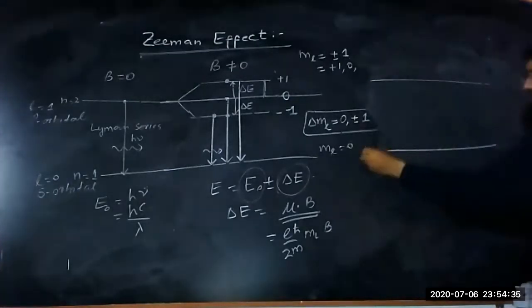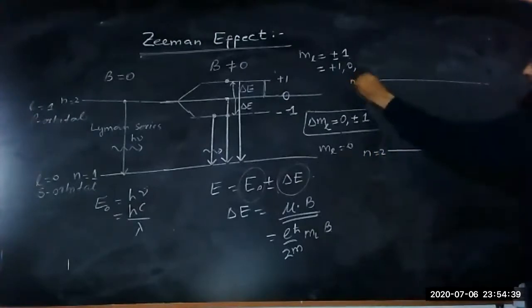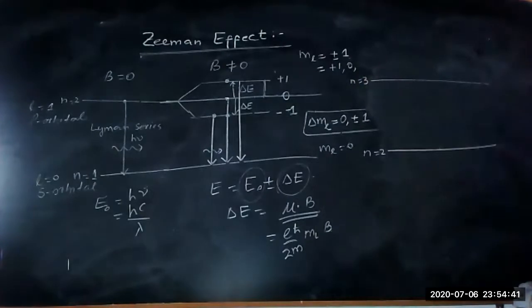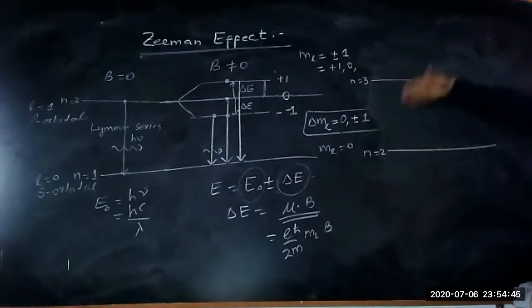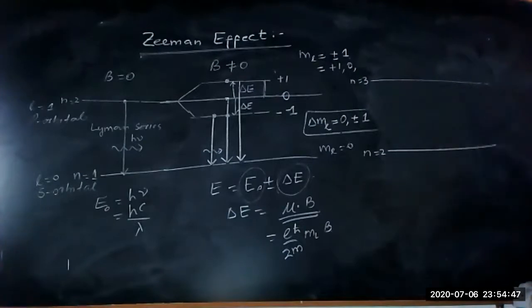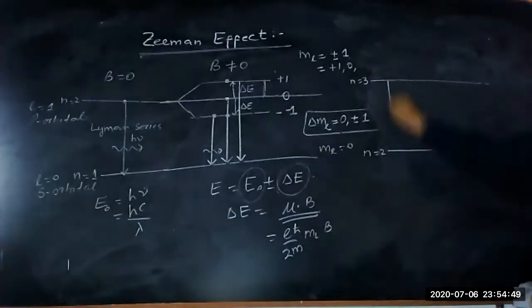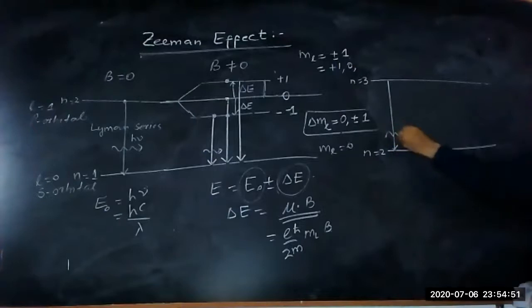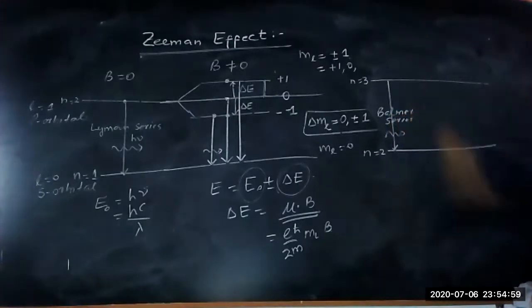This is the level n is equal to 2, electron is in n is equal to 2. This is the level n is equal to 3. We are talking about the hydrogen atom. Electron de-excites from higher level to the lower level, emitting out the photon, and we call it the Balmer series. This is the Balmer photon.